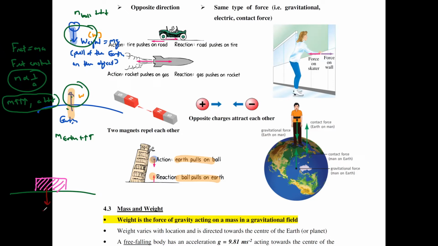You have the weight W, and then you have the normal reaction force R. The question they will ask you is: are W and R an action reaction pair of Newton's third law? What do you think?